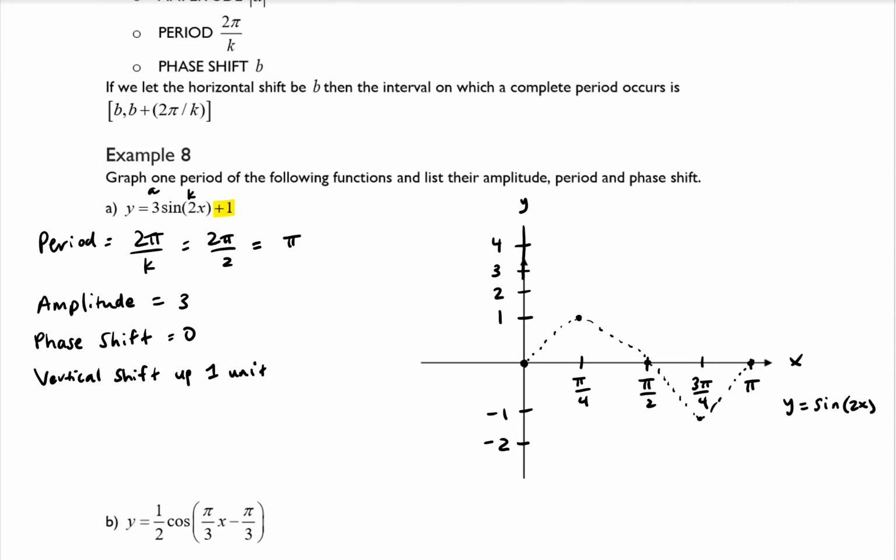All right, so our graph is actually going to start at 0, 1, and then our amplitude is 3, so I should be going up 3 to get to the highest point, and then down 3 to get to the lowest point. And I'm going to graph this in a different color. And that is what our graph will look like for y equals 3 times sine of 2x plus 1.